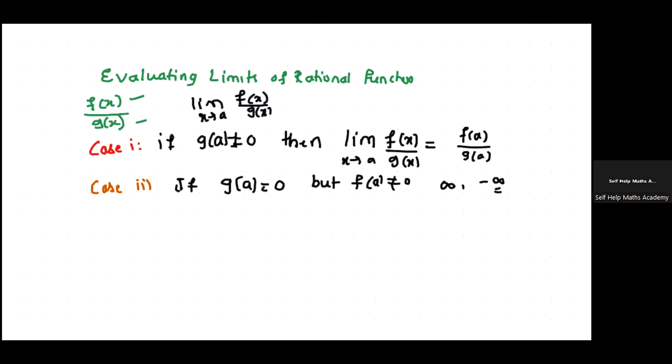And case 3 talks about when both the numerator as well as the denominator are 0. Then direct substitution will give us the form 0 by 0, which is an indeterminate form. We call this an indeterminate form.